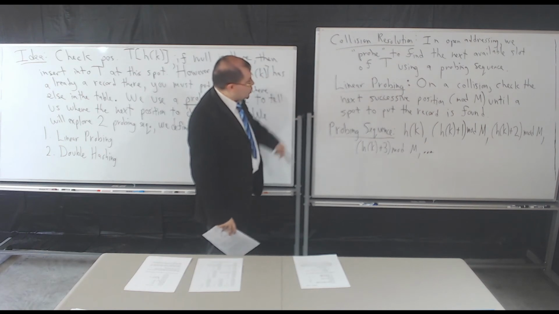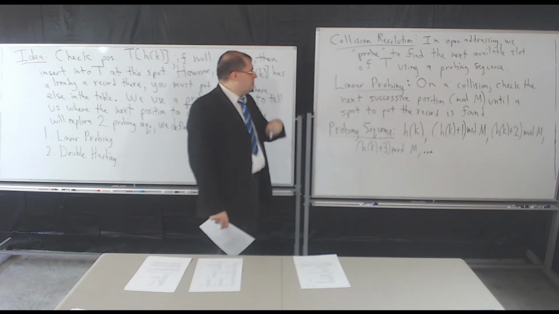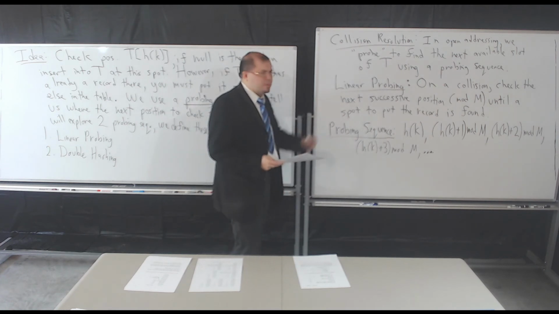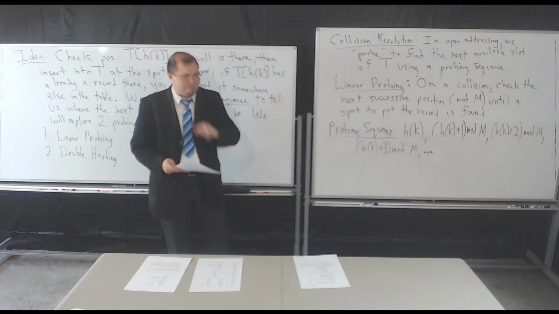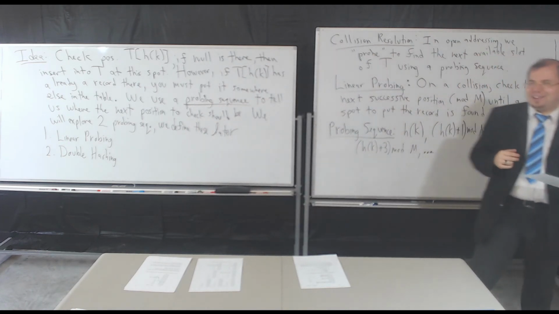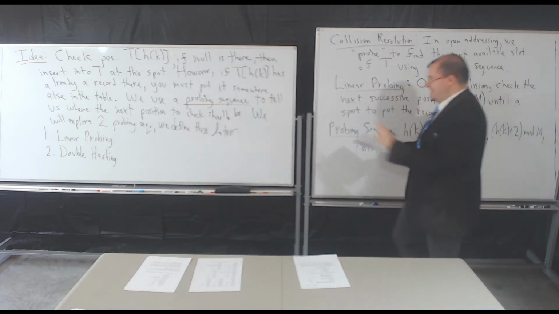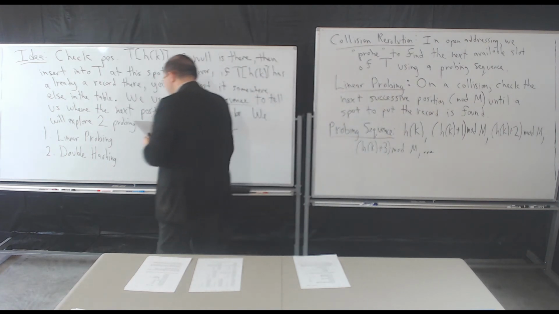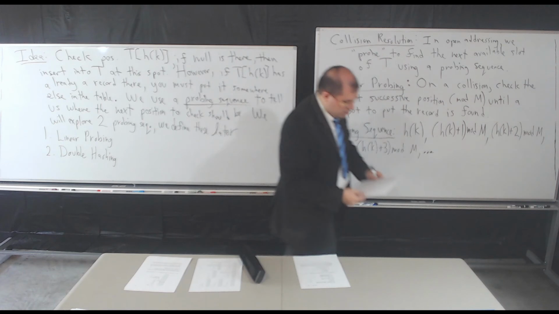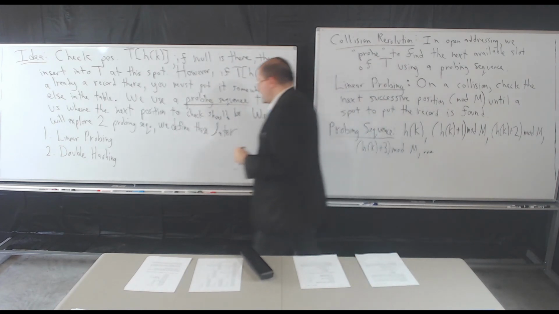This one doesn't require that the table size is prime, so just keep that in mind. So this is the probing sequence. Remember, I'm the cute bunny, I do my hops. I hop, hop, hop, hop, until I find the available spot. Okay. So let's talk about how we would do this.